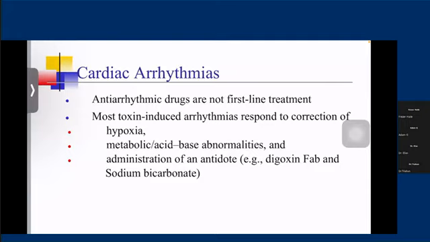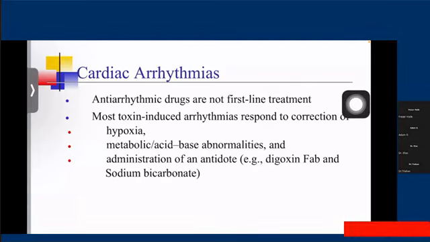So the general principle is that anti-arrhythmic medications are not first-line. If arrhythmia happens, the first thing we need to do is treat other possible correctable causes, like treating hypoxia, metabolic complications, and acid-base abnormalities.